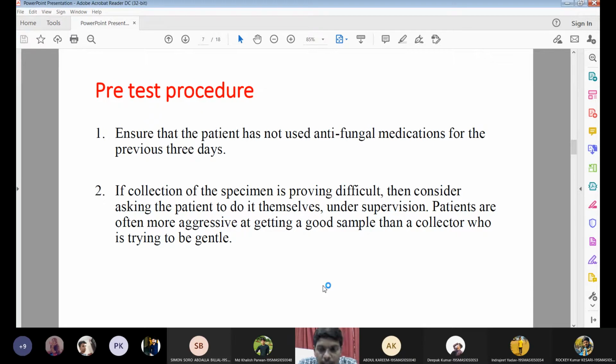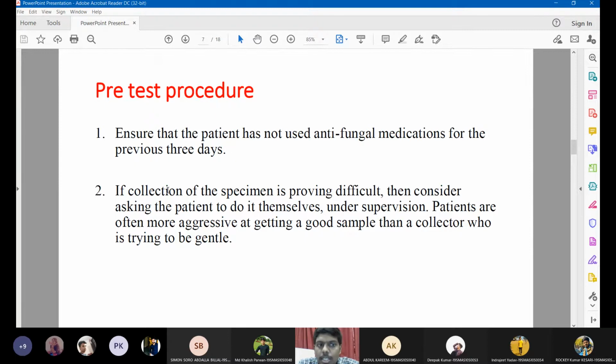If he applies these antifungal agents, we cannot see the growth. The growth of fungi will be inhibited in the laboratory due to topical application of any antifungal agents. So that is one thing we need to ensure.